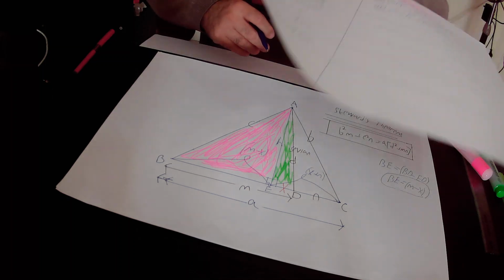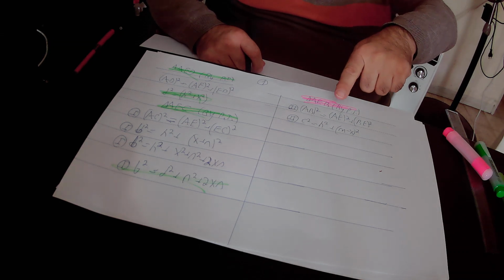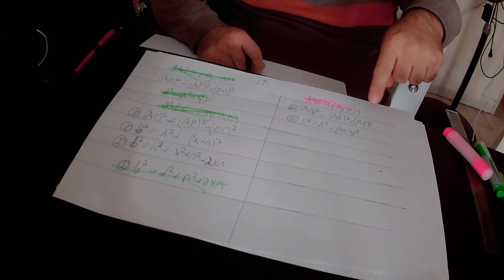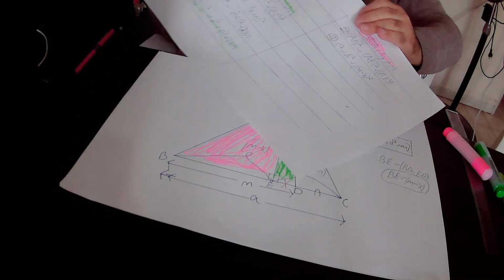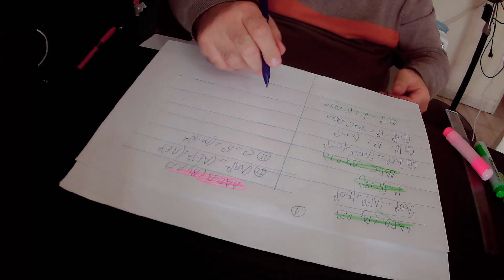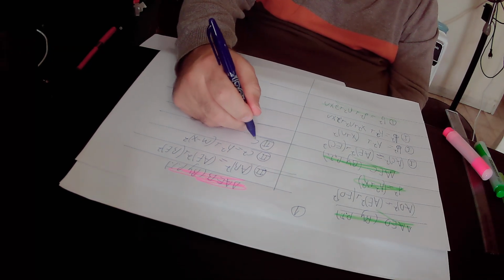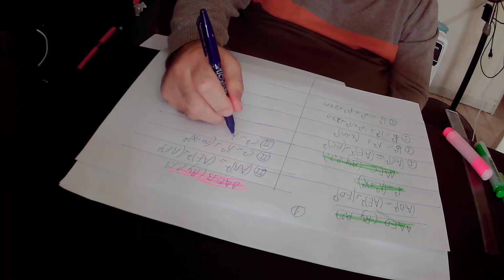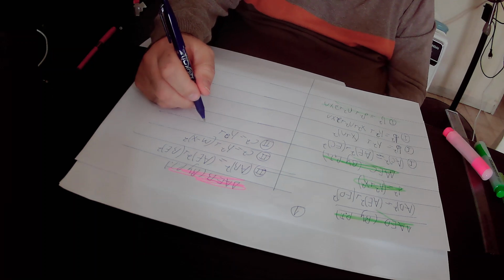Repeat again, in the pink right triangle AEB, according to the Pythagoras theorem, c square equals h square plus (m minus x) square. We'll open the brackets on this side of equation number 2, and we get that according to equation number 2, c square equals h square plus (m minus x) square.